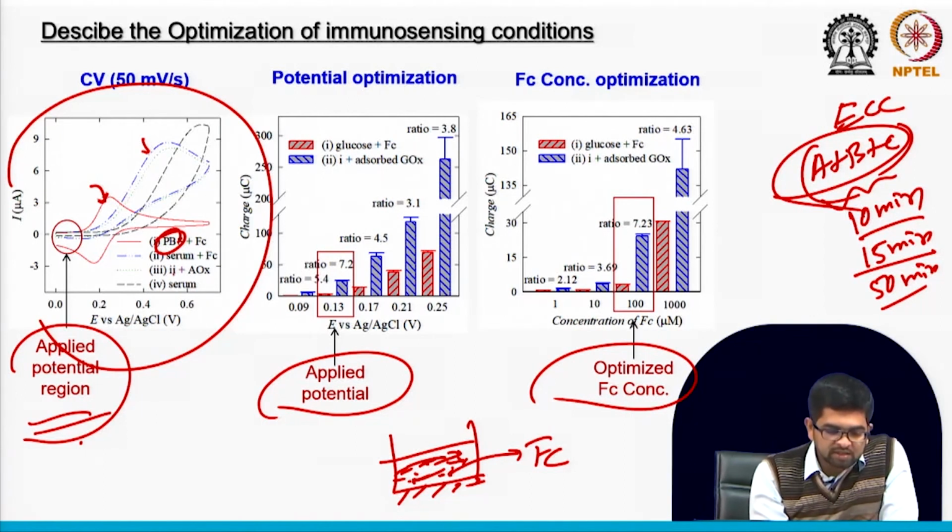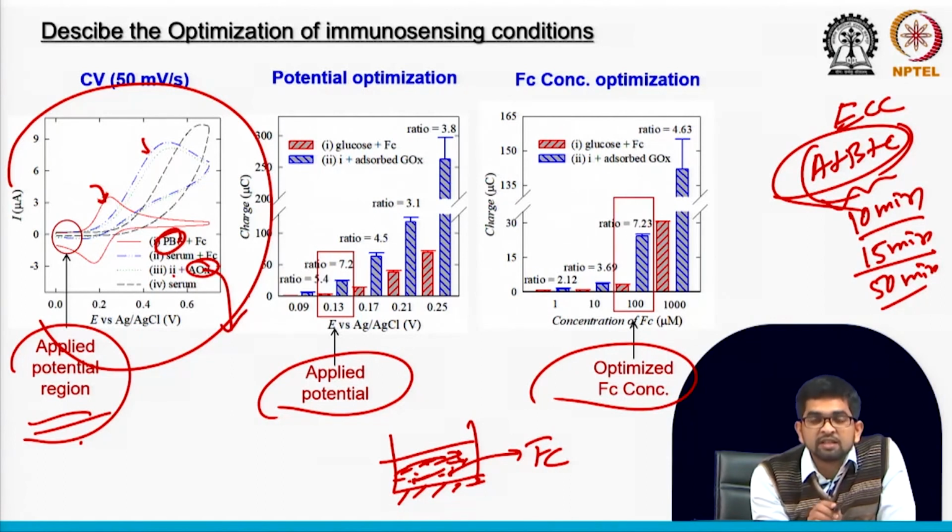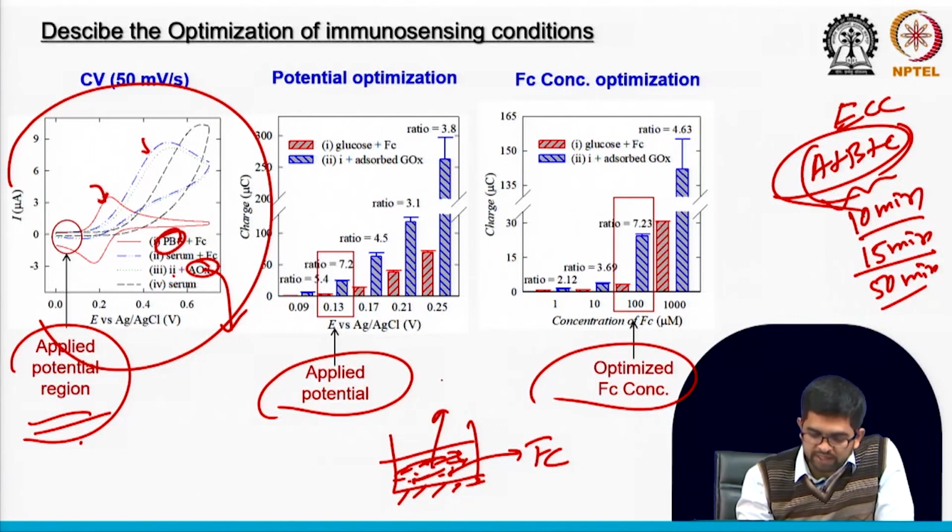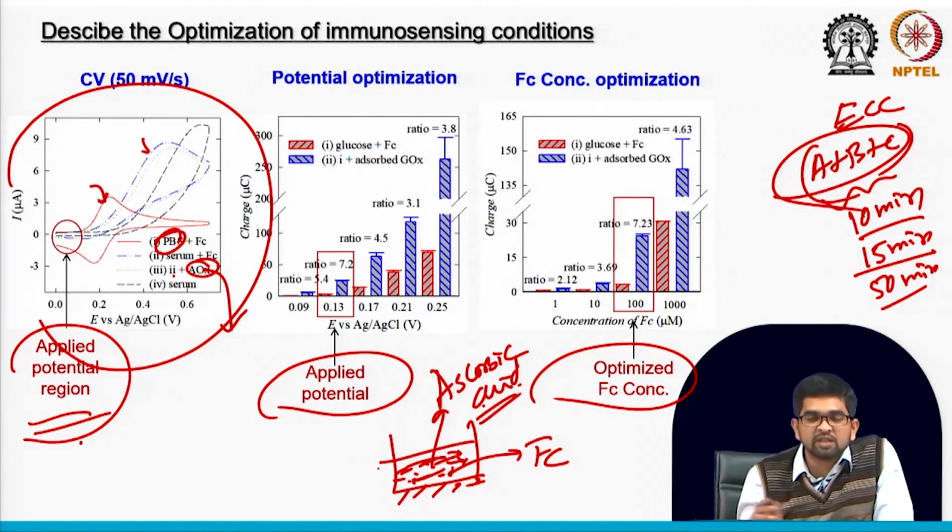Then see AOX. AOX means ascorbate oxidase. Generally, you can remember that a real sample may contain ascorbic acid, right? Ascorbic acid is a really interfering species; it can be oxidized easily at a lower applied potential. So you have to remove it. How can you remove it? You can add some ascorbate oxidase and remove the ascorbic acid.